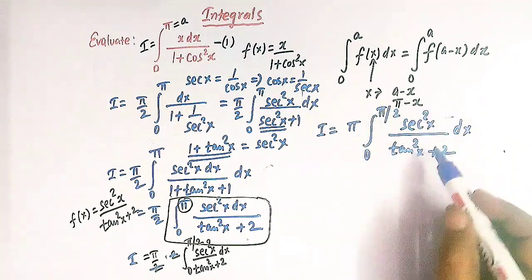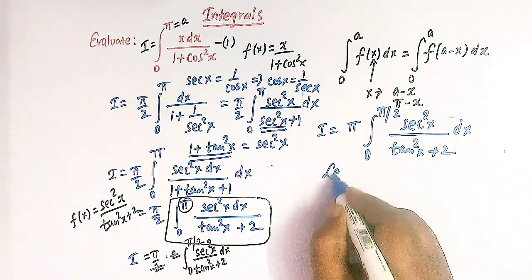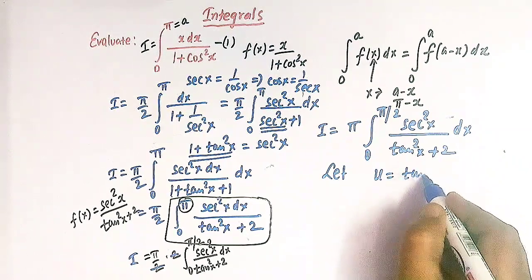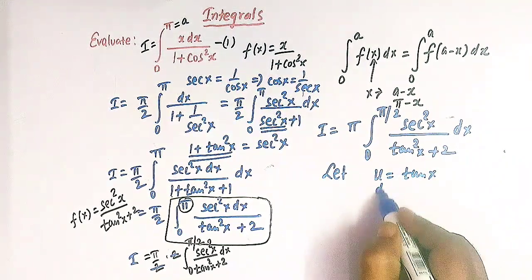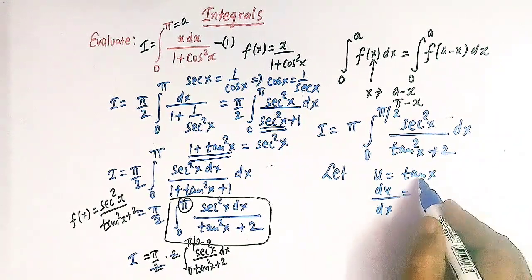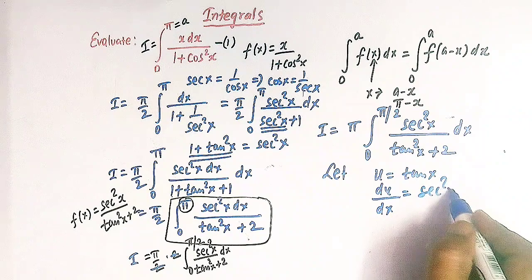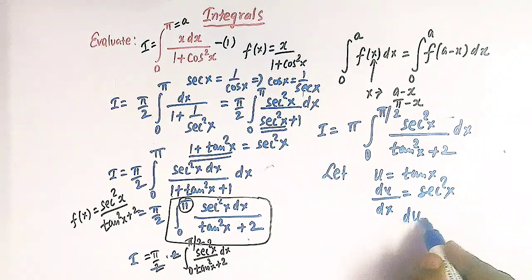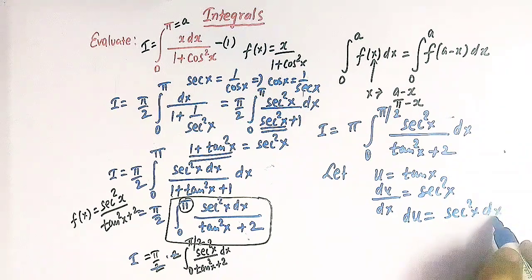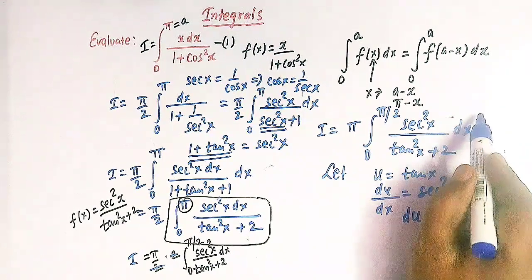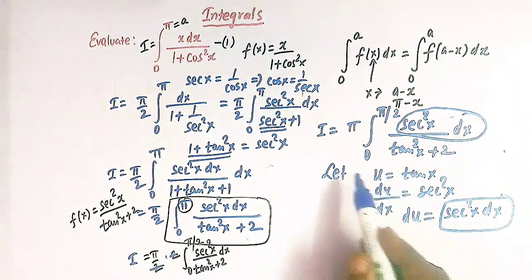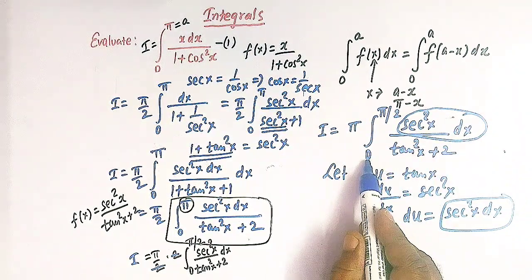Now let us make the substitution here, and we can take u is equal to tan x. So we can differentiate u with respect to x. So du over dx is secant square x. So we have du is equal to secant square x dx, and let us change the limits accordingly.